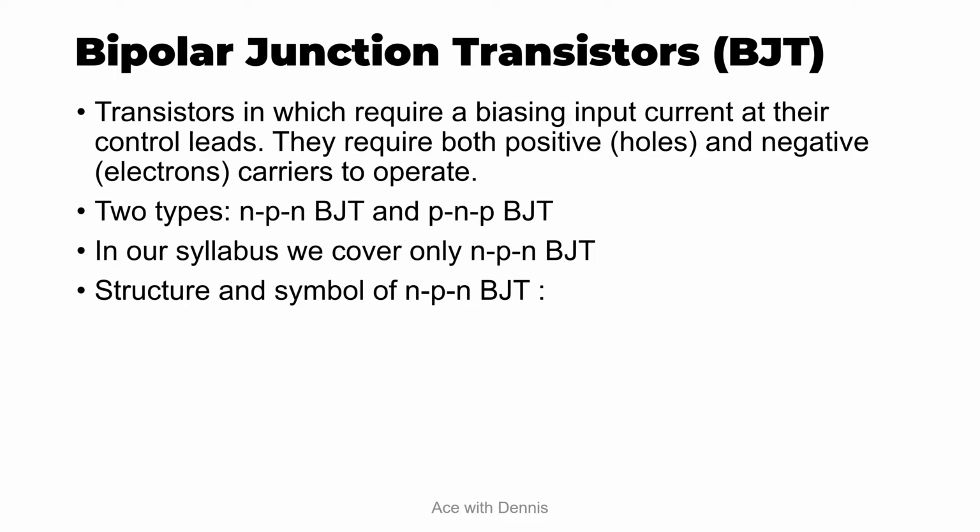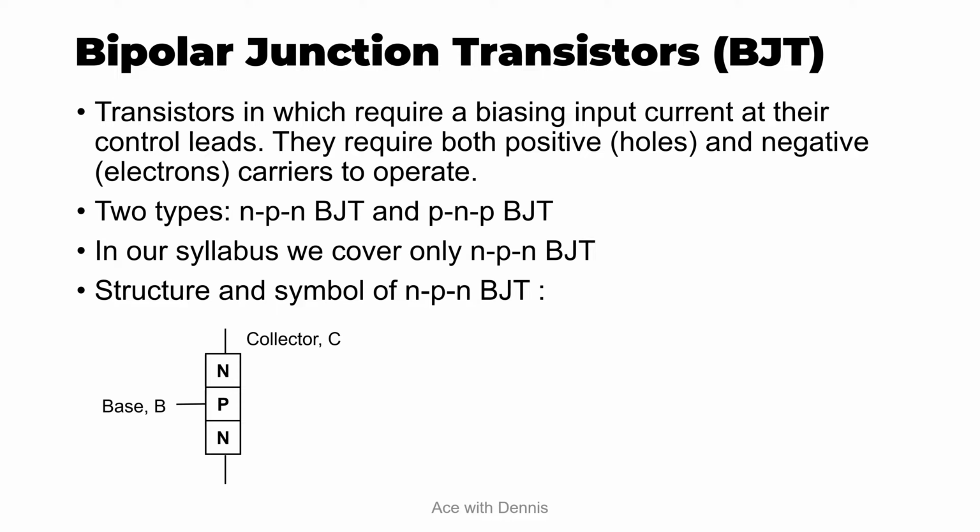And here are the structure and symbol of NPN BJT. In an NPN BJT, it consists of 3 substrates. The N, which is negative substrate, P, which is positive substrate, and another N, which is negative substrate, placed side by side with each other. It has also 3 terminals. The terminal at substrate P is the base or B terminal.